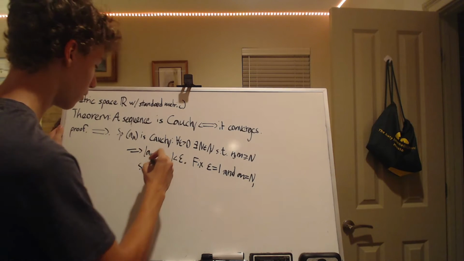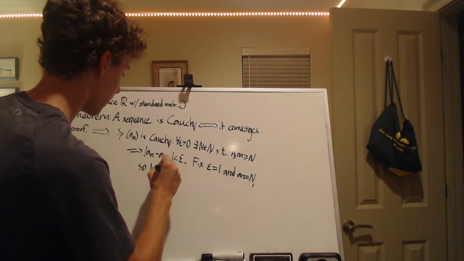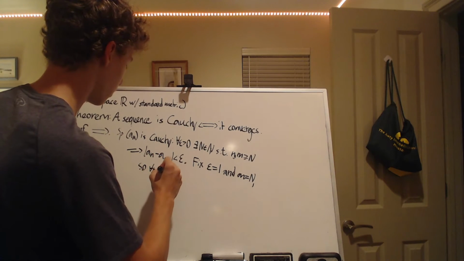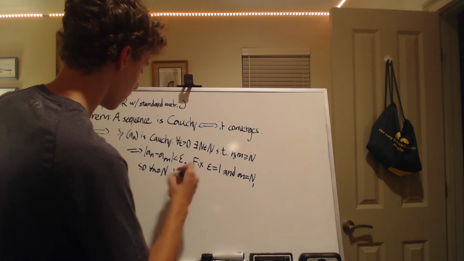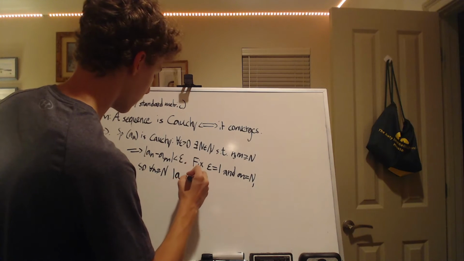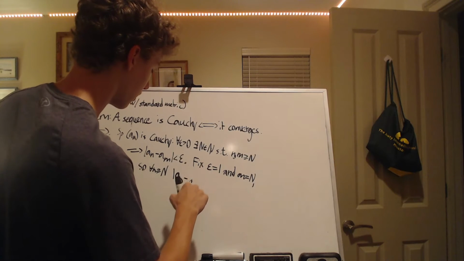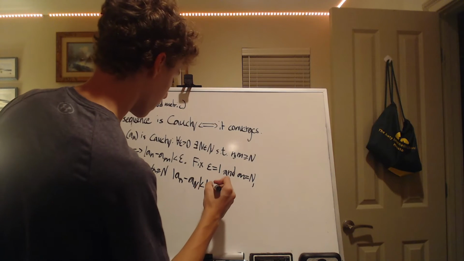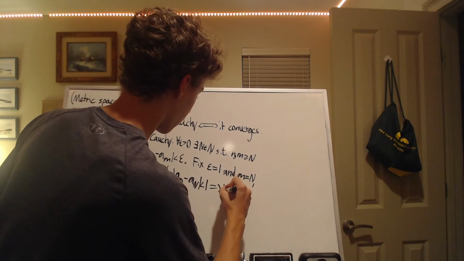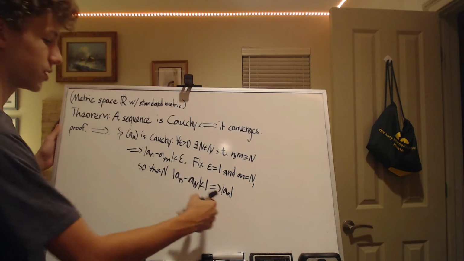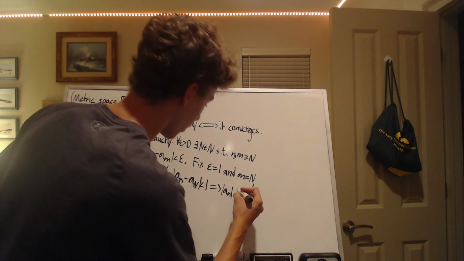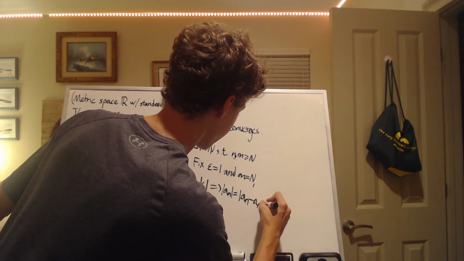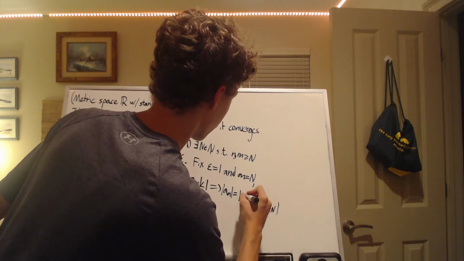So for all n greater than or equal to capital N, we have the absolute value of a sub n minus a sub capital N is less than 1. And so that implies that if we consider the absolute value of a sub n, and indeed we're trying to bound it, let's see what we can do here. This is equal to the absolute value of a sub n minus a sub capital N plus a sub capital N, again adding a 0 there.